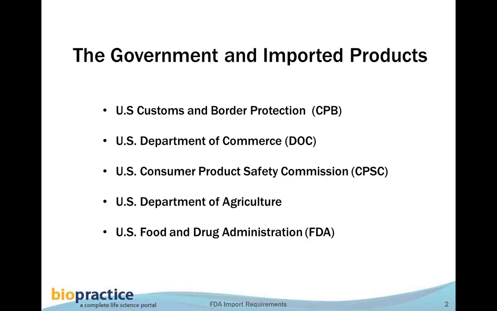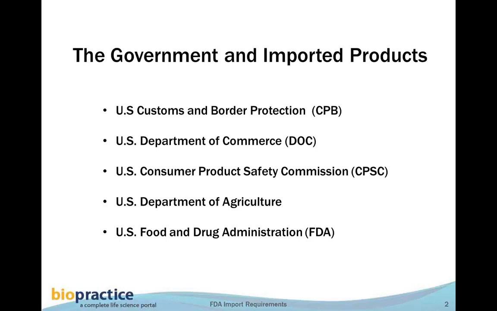The Department of Commerce has some fishery requirements that they look into, specific kinds of fisheries. The Consumer Product Safety Commission, if you're an importer of toys or consumer products, things that many of the stuff that's sold in the Walmarts, for example, the Consumer Product Safety Commission sets the requirements for those and will be responsible for reviewing entries of those kinds of products.